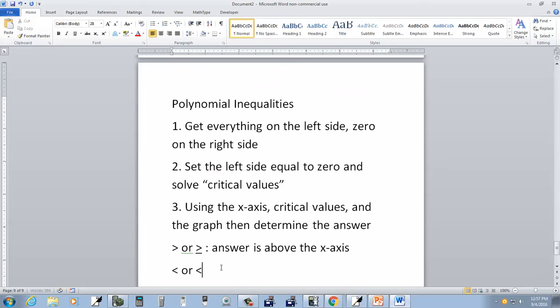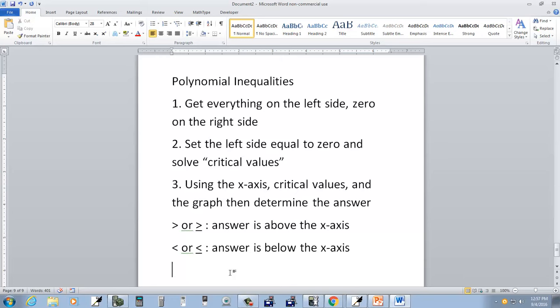If you got less than or less than or equal to, then your answer is below the x-axis. If you got a less than or greater than, you're going to use parentheses. If you got less than or equal to or greater than or equal to, you're going to use brackets.